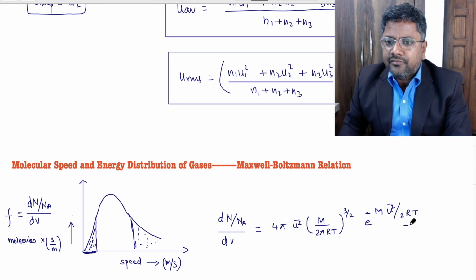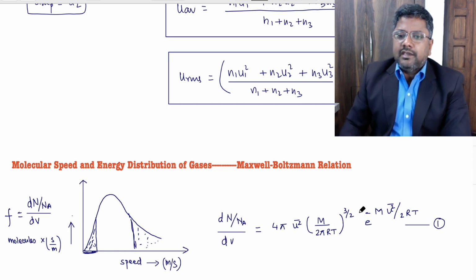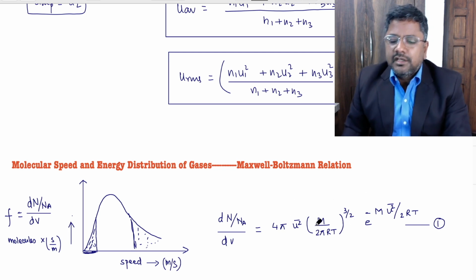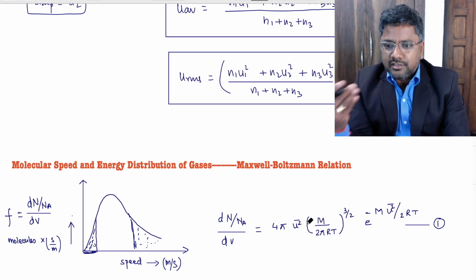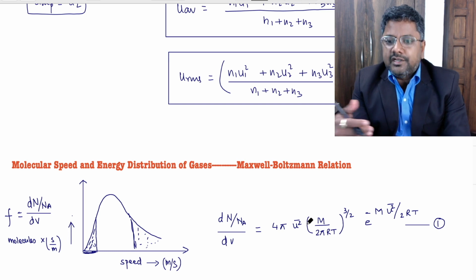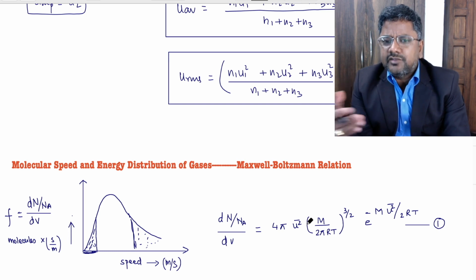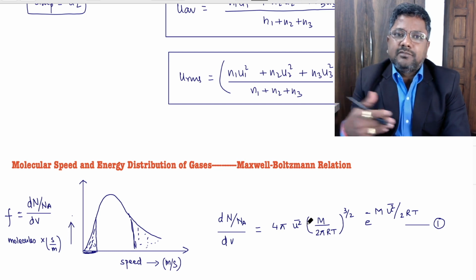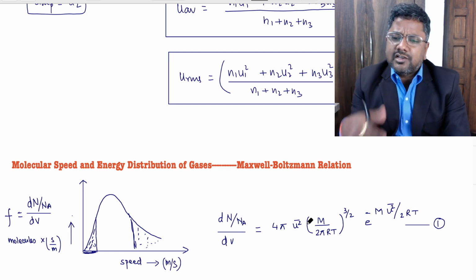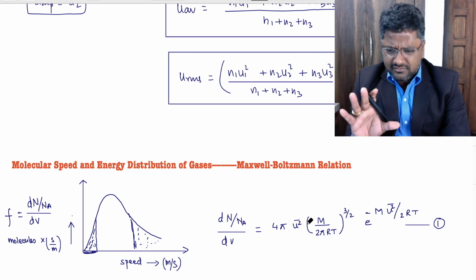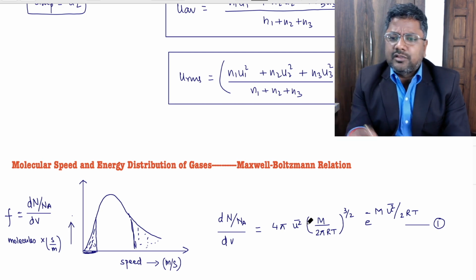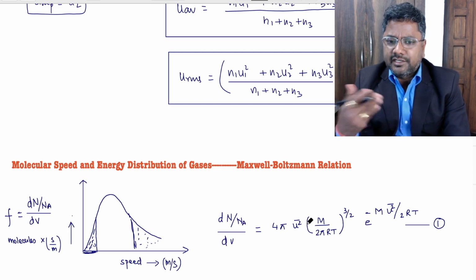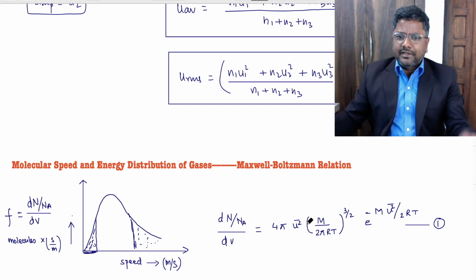This is a very fundamental equation, and by using this equation you can evaluate average speed, you can evaluate RMS speed. The formula for RMS speed that we derived from the kinetic gas equation, that you can also derive from here, but it is not required for you to differentiate this and then integrate and find the answer.